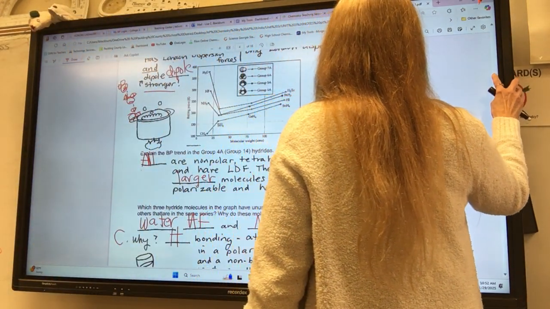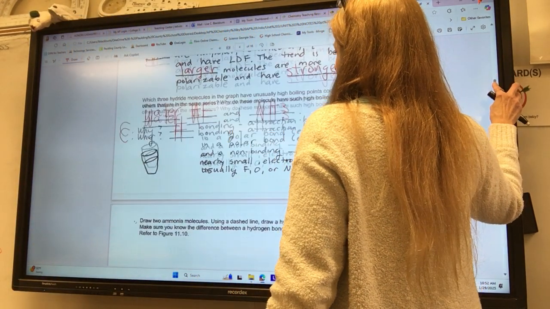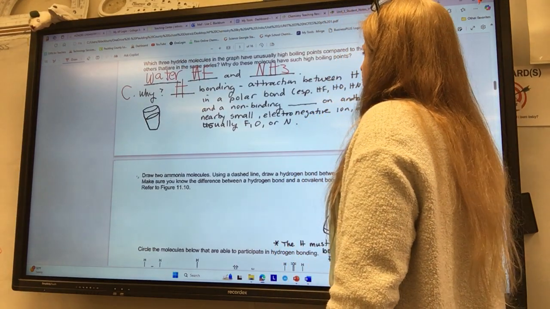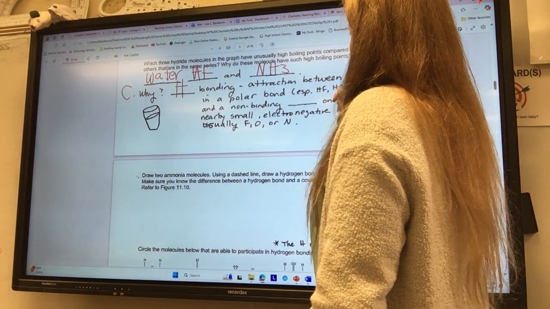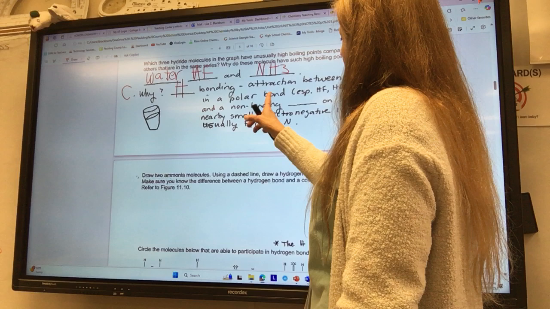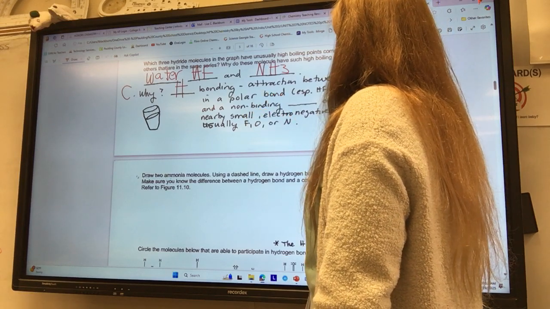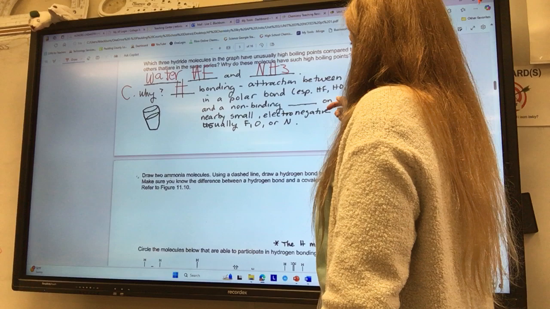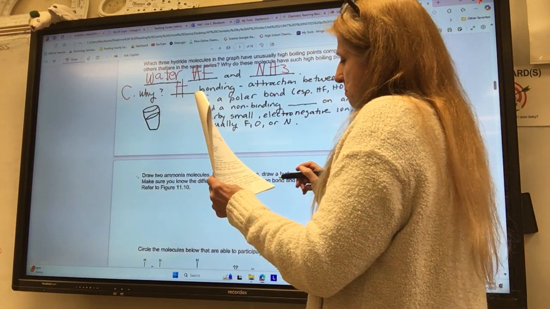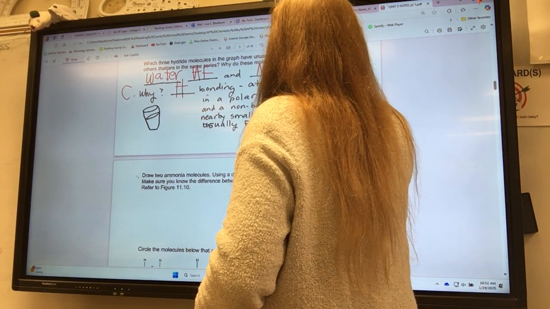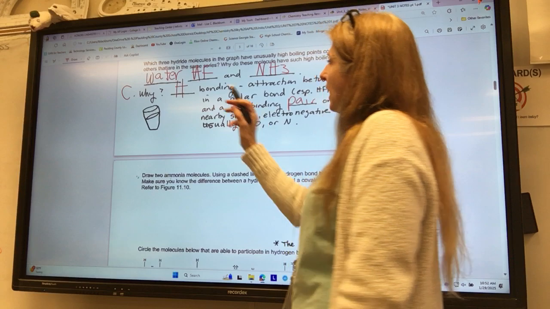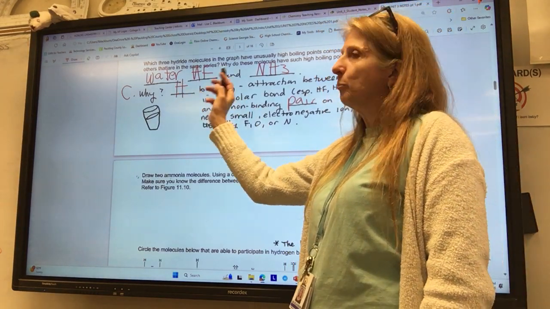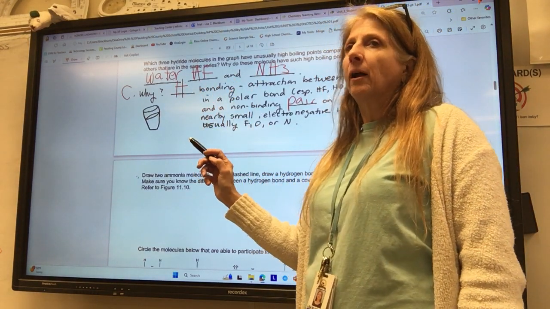Now, what is hydrogen bonding? It is another intermolecular force, and it's an attraction between hydrogen in a polar bond, especially HF, HO, and HN, and a non-bonding pair of electrons. So it is a hydrogen cuddling up to an unshared pair.